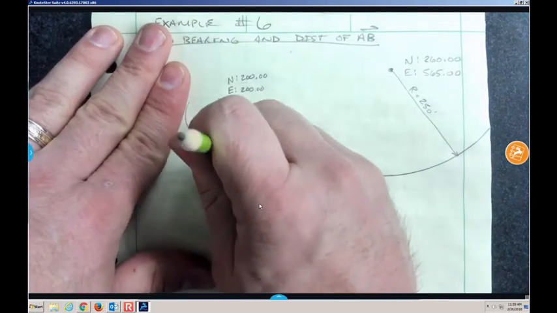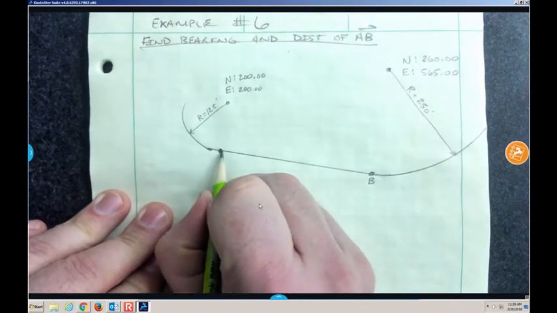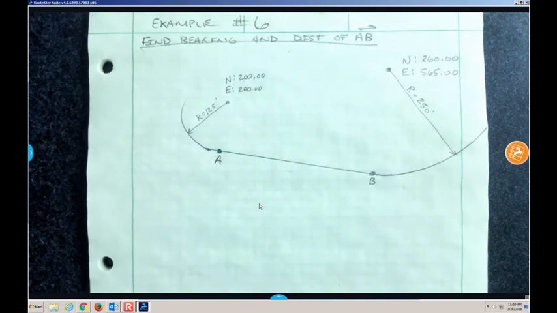So knowing that, I should move A over a little bit because it's not going to be perpendicular. So are we graphically assuming A or B is a PC or PT? Yes. So A and B are PCs or PTs of these curves. I don't know what direction we're heading, so I can call them either one.